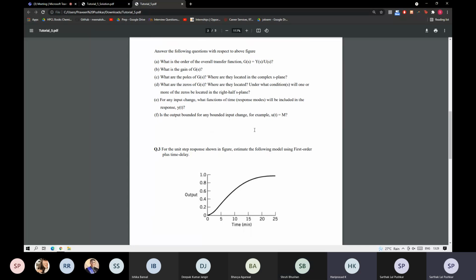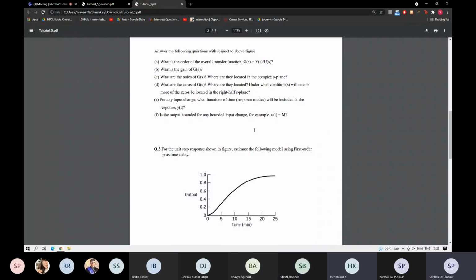One is, so let's say k by tau s plus 1. What is the gain? Okay, so k. How do you get that k? Sir, that's the general form. Now, how do you get that k from k by tau s plus 1? Which essentially means that you substitute s equal to 0, right?